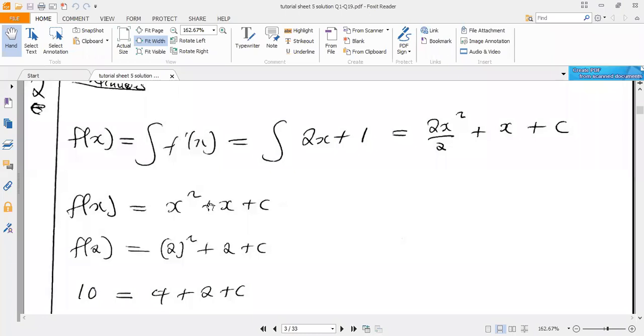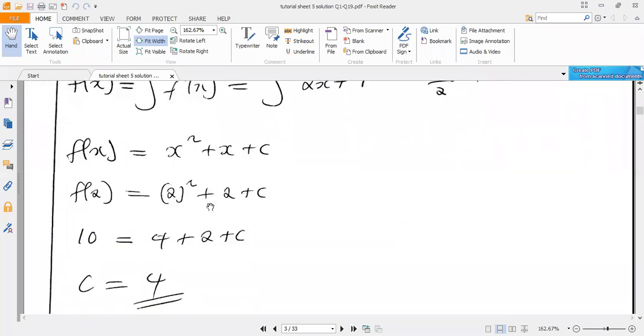So f of 2 is equal to, where there's x, you put 2. It should be 2 squared plus 2 plus c, which is 4 plus 2, which is 6, plus c. Since f of 2 is equal to 10, we can say 6 plus c is equal to 10. Then we take 6 to the other side, so 10 minus 6 is equal to c, and c is equal to 4.